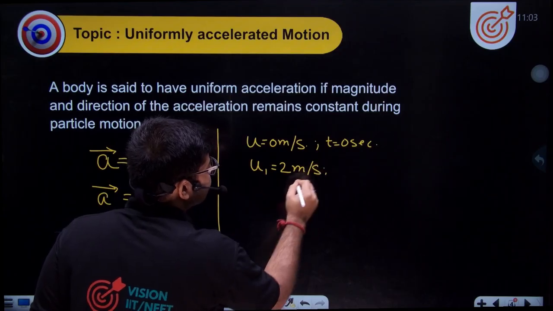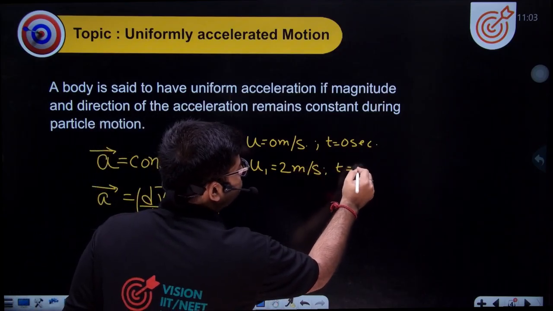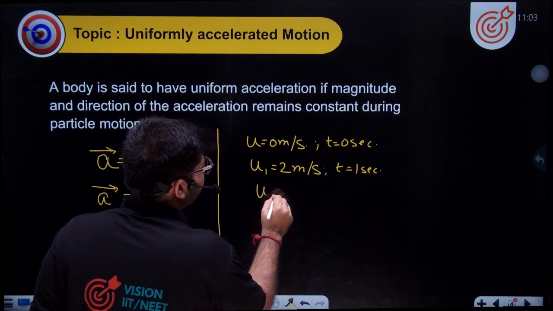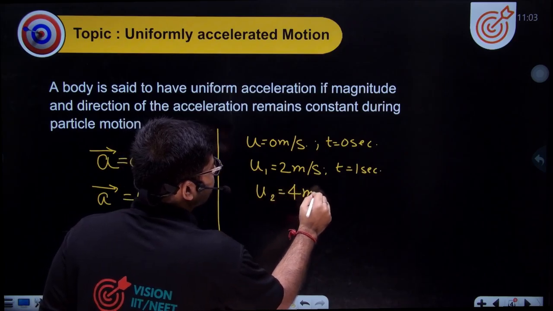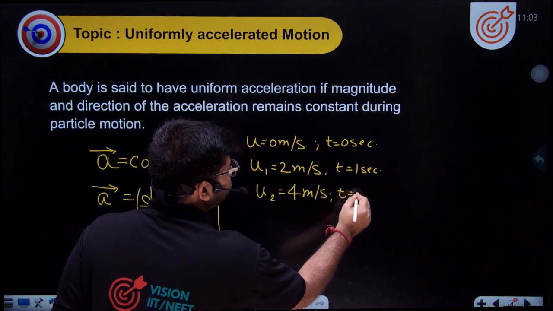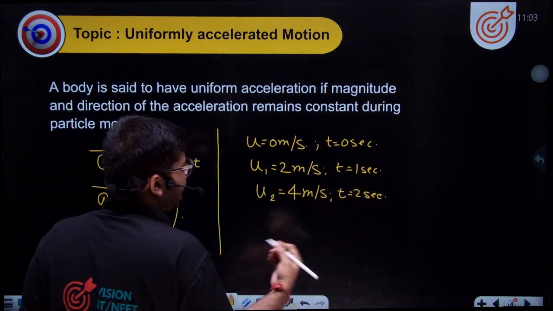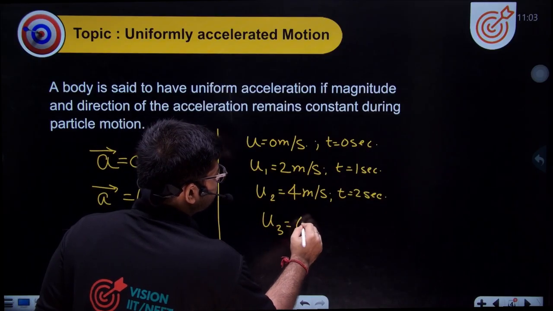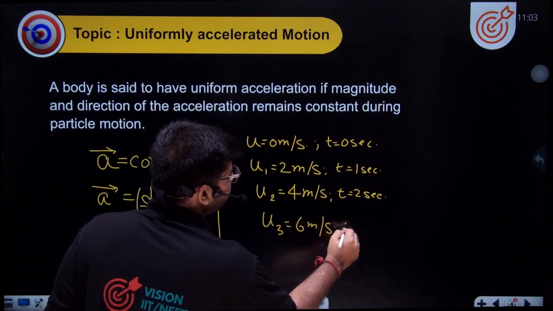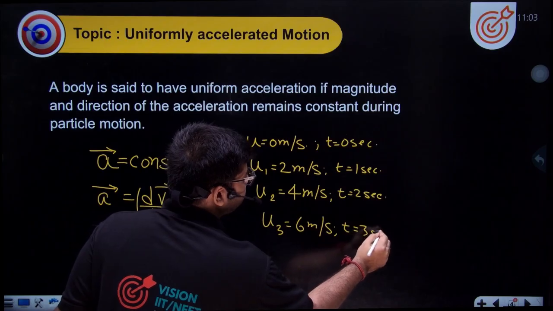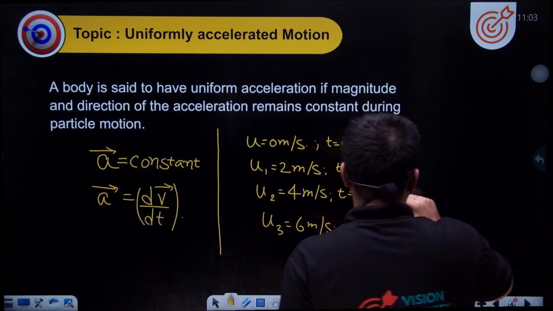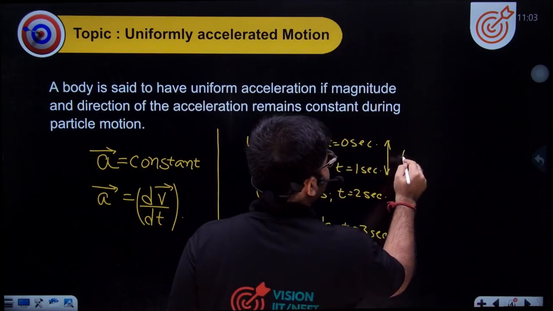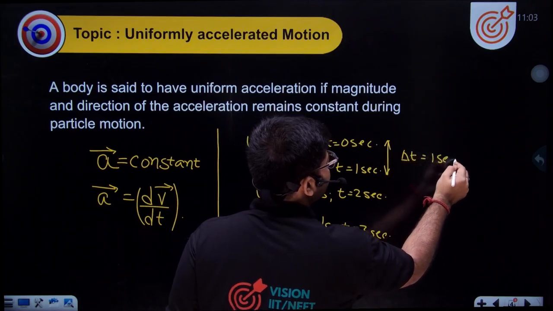So the velocity keeps on increasing. Similarly, at time t is equal to 2 seconds, the velocity is going to be 4 meter per second. At time t is equal to 3 seconds, the velocity is going to be 6 meter per second. So you see, every 1 second interval, here my delta t is nothing but 1 second.